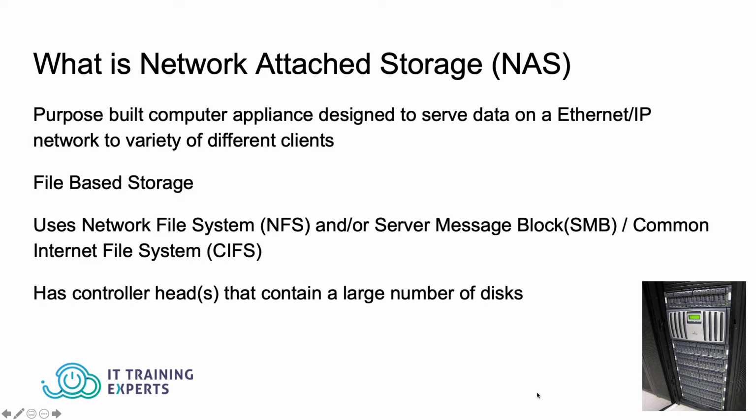You can put dozens, if not hundreds, of disks behind these controller heads, and that gives you the ability to scale the system, so you're not having storage islands, which we talked about in the DAS section, where you have multiple file servers. Instead of maybe having 10 file servers, I could put all that data under a single NAS device.